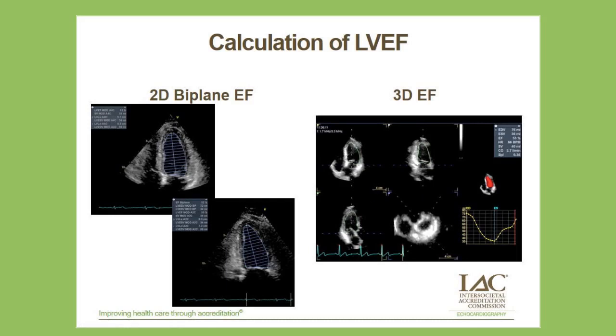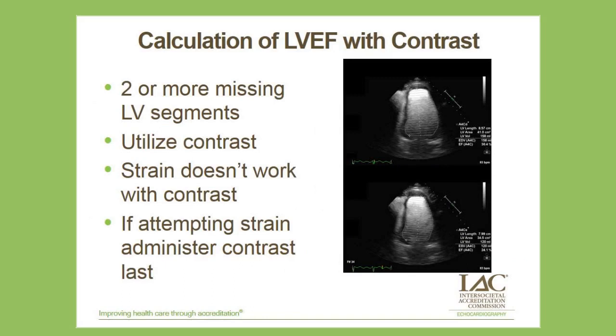So there are some patients that we would need to add contrast with. And, of course, as Dr. Plana said, if there are 2 or more missing continuous LV segments, we would want to add contrast. In our lab, we have a very low tolerance for moving ahead with contrast on these patients. We feel that the trace is more reproducible and more consistent for us.